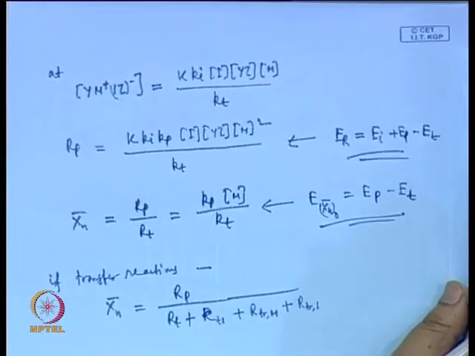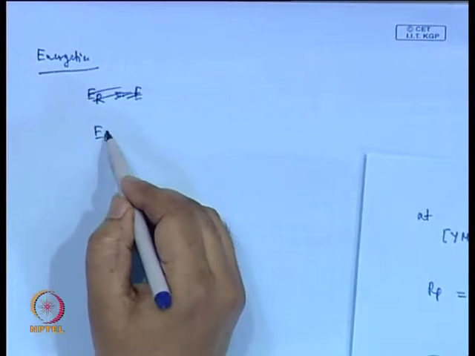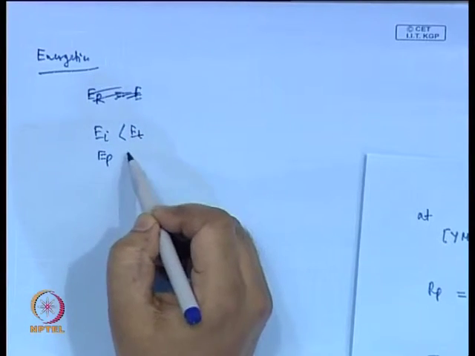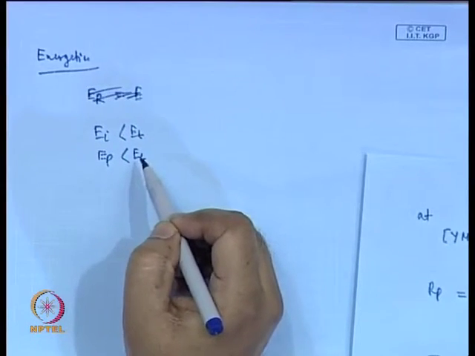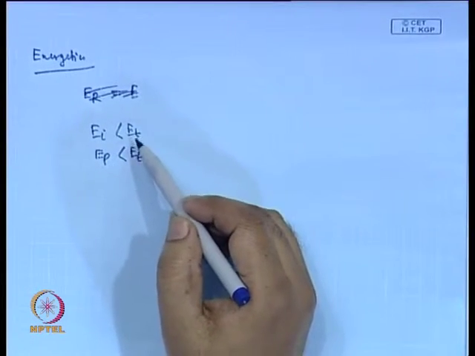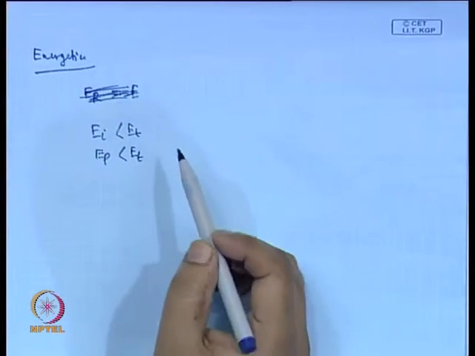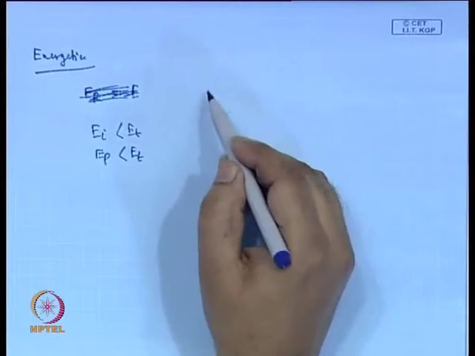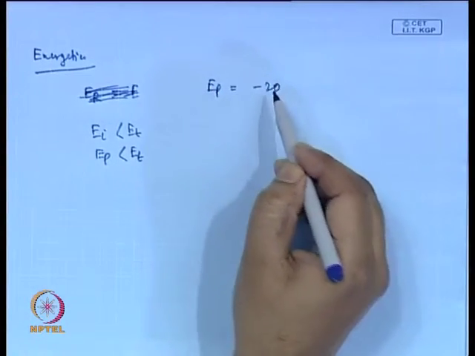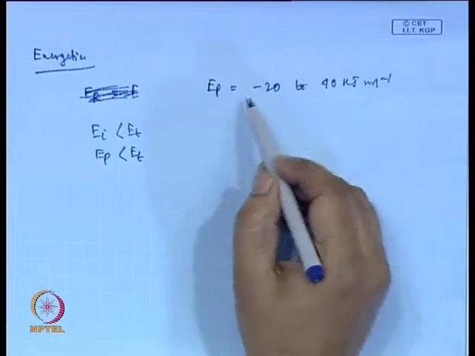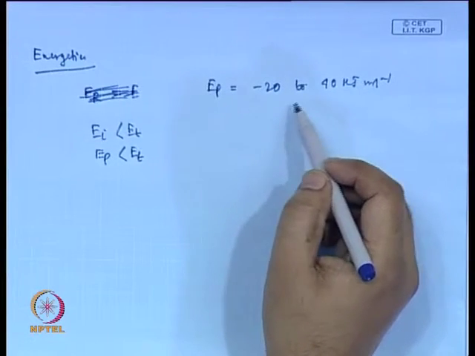Now, typically in case of cationic polymerization, both E I and E P are lower than the termination activation energy, as can be justified because bimolecular termination is not possible. The E P values are typically from minus 20 to 40 kilojoule per mole, which also depends on the monomer structure.